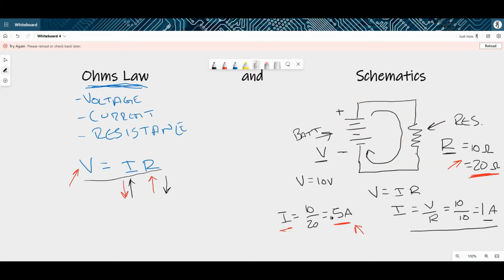This here is also just wire attaching them together. And this schematic is how we can then go in and analyze the circuit using Ohm's Law, so you can see how they relate back and forth.